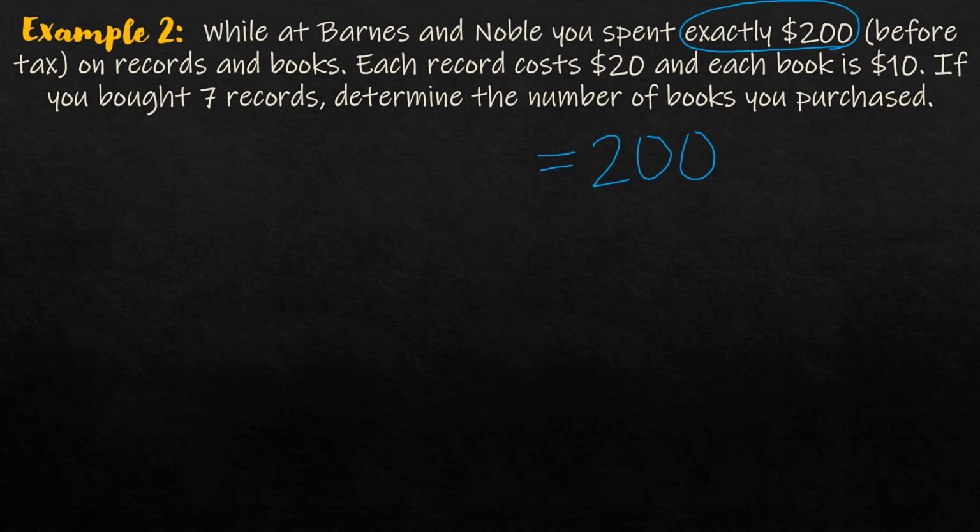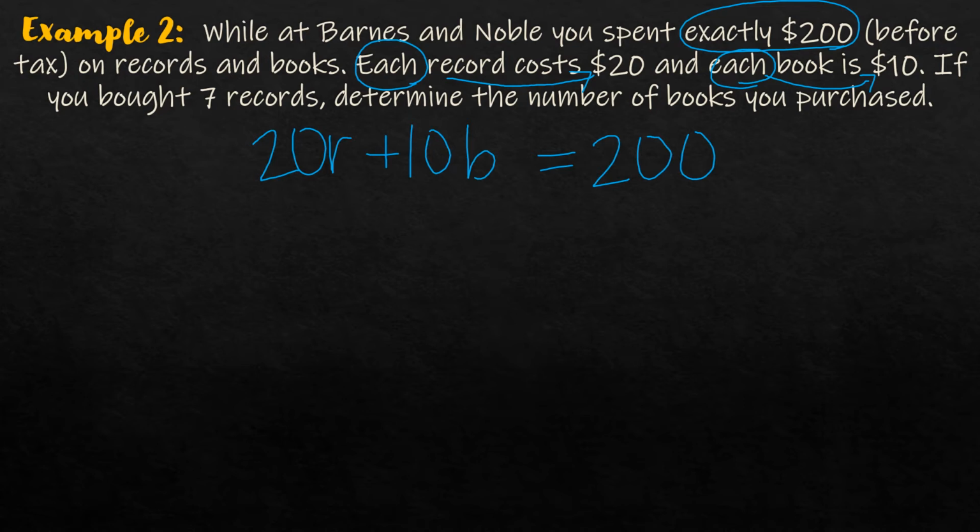Each record, each being a key word, so each record costs $20. That means that I'm going to multiply all my records by 20. Okay? So let's denote that as 20R. And each, again, another key word, book is $10. So plus $10 times each book.